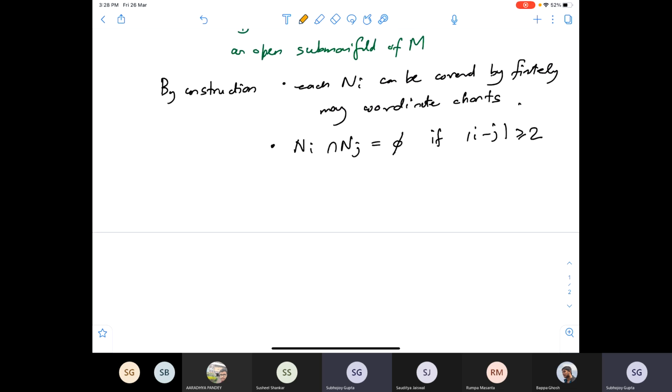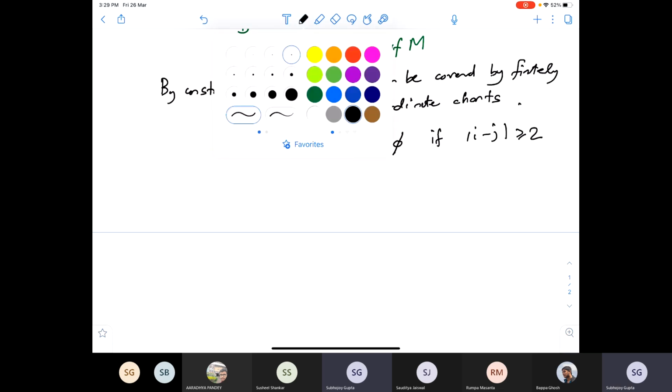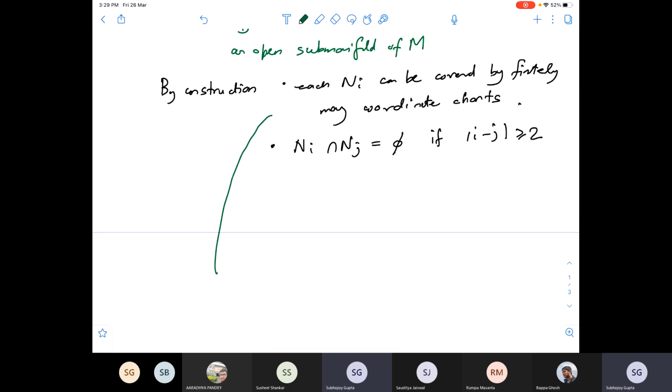The first thing we can note is that this first property implies that there exists an injective immersion of ni into R to the 2k plus 1.